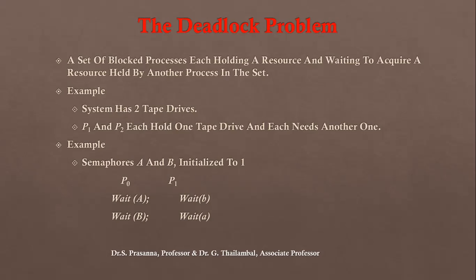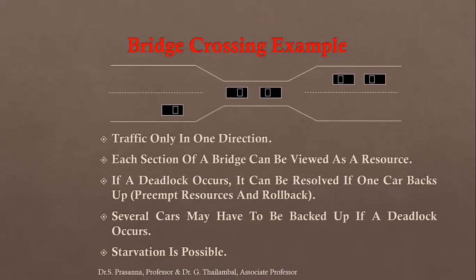A is held by process P1 and B is held by process P0. So both processes are now in waiting state. P0 needs B to complete A and P1 needs A to complete B.